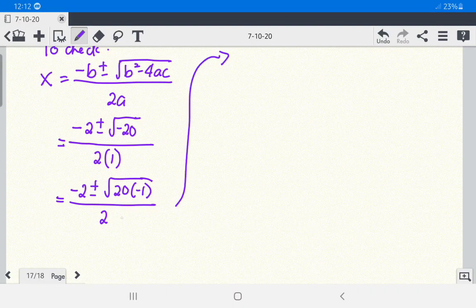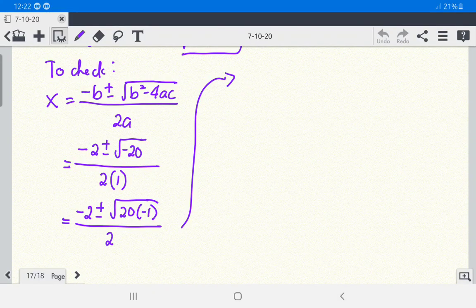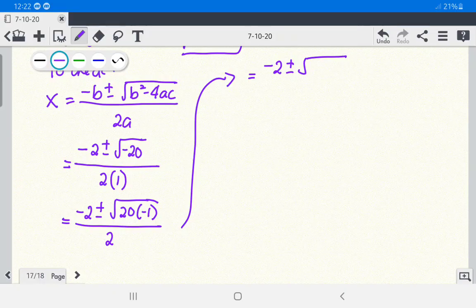But then if we factor 20, one of its factors is a perfect square. So, let's see. Factors of 20 are 4 and 5, and then negative 1.